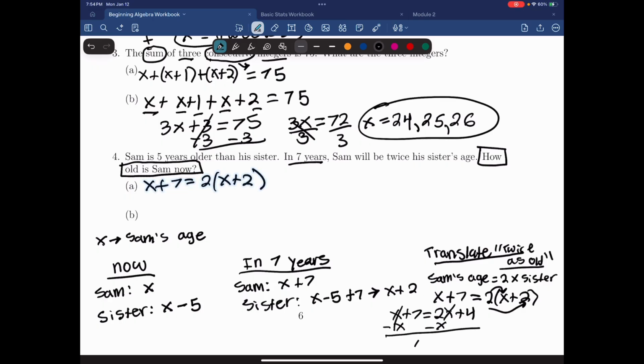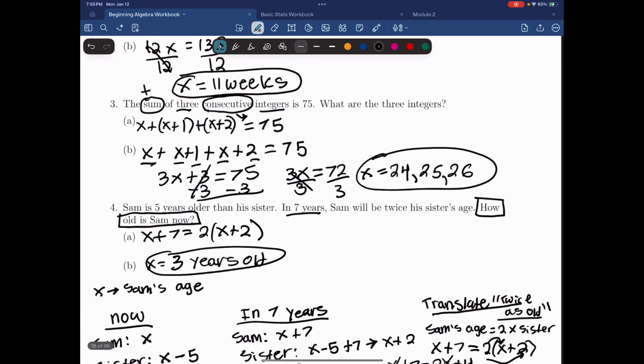So we're going to get 7 equals x plus 4. And then I'm going to subtract 4 on both sides. And we get x equals 3. So that means Sam is 3 years old currently.